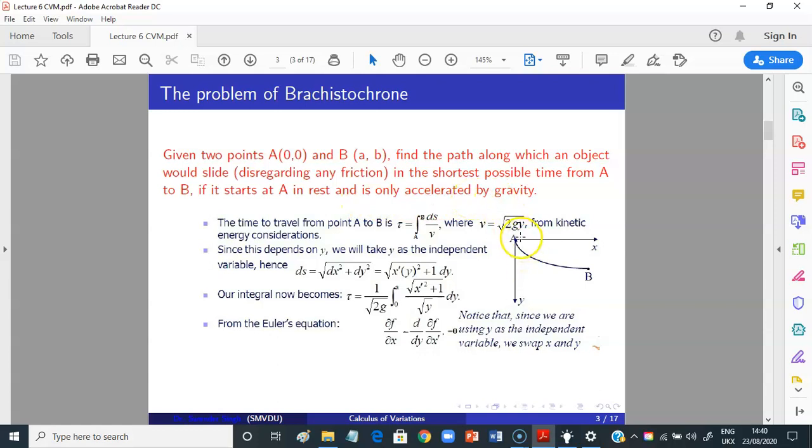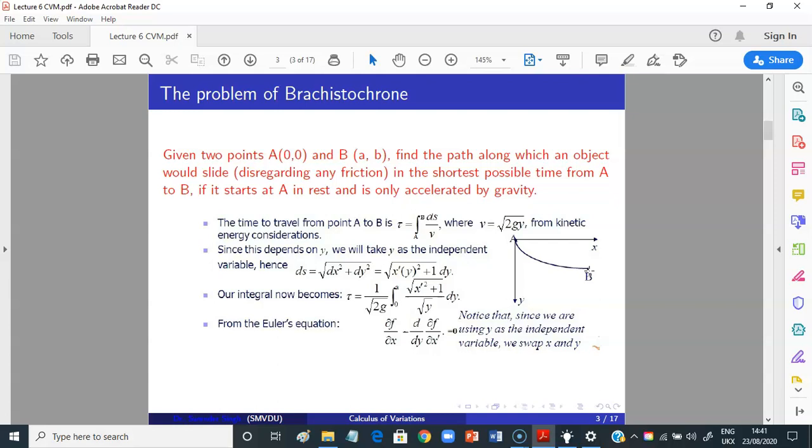So here we are considering this point A has coordinates 0, 0. This is at origin, and we are considering y downward, and this is x-axis, and the particle is moving from point A to point B. You have to find the shortest time.